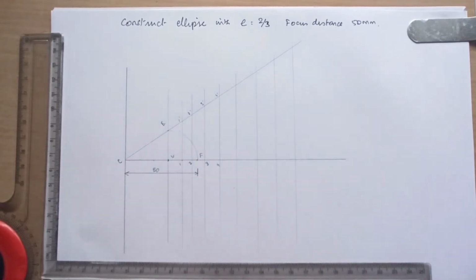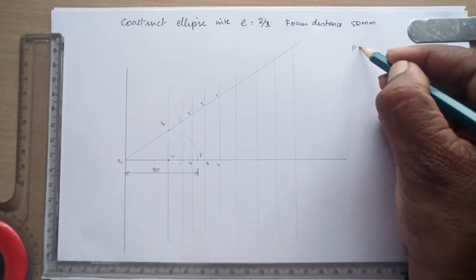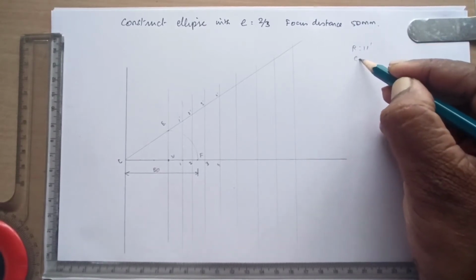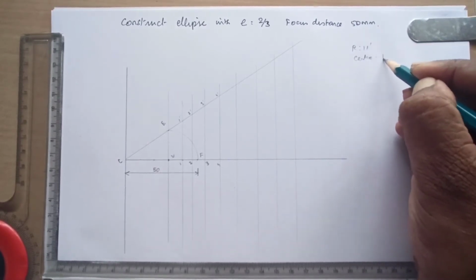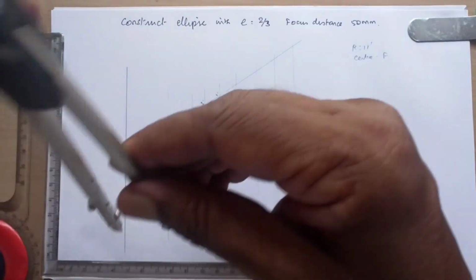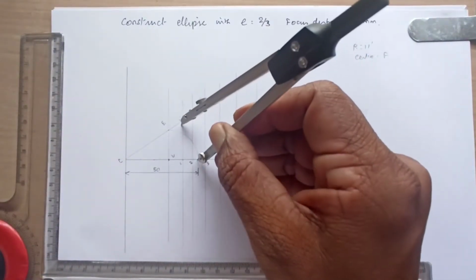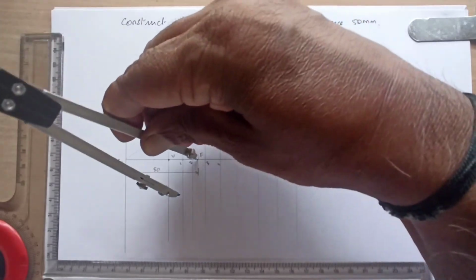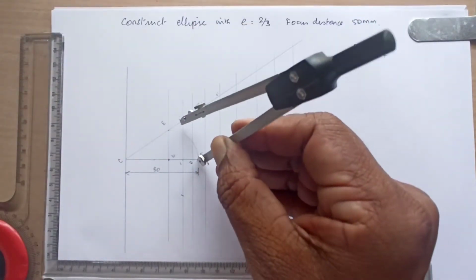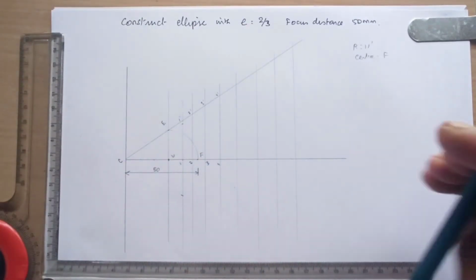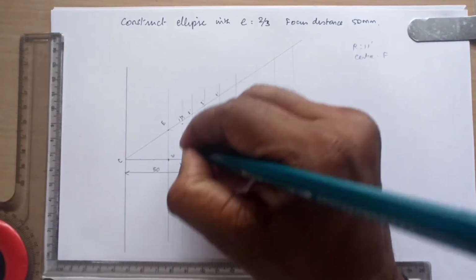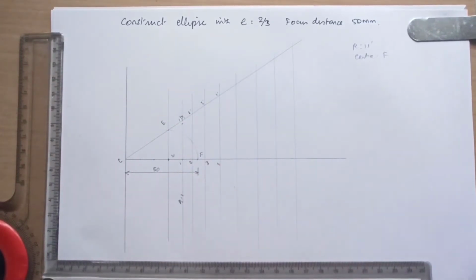Now what we can do is take the radius equal to 1 dash, and with center F, draw 2 points cutting your vertical line. So these points are called P1 and P1 dash.